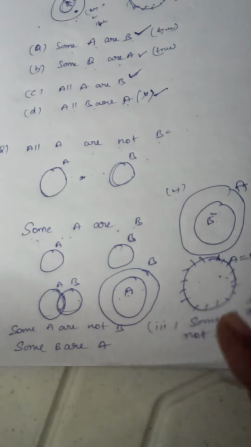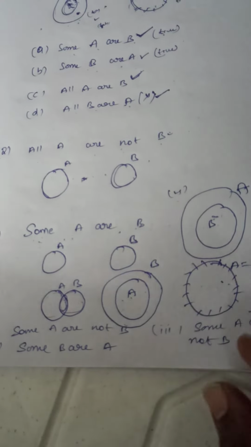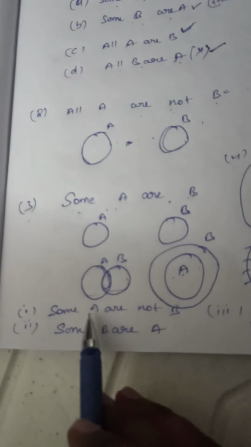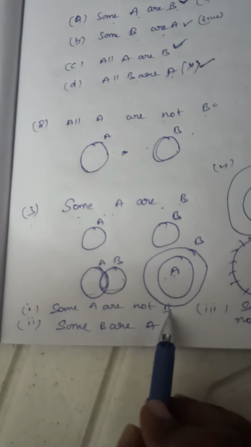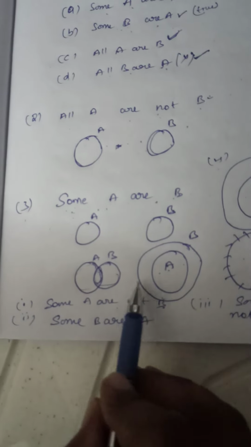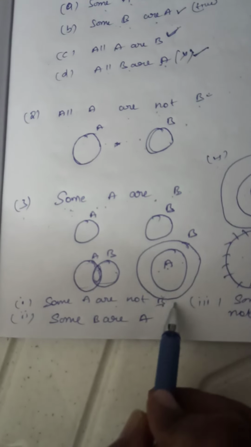So here I have given 3 statements. We will see which is true and which is false. First: some A are not B. For every possibility we have to check whether it is true or false.